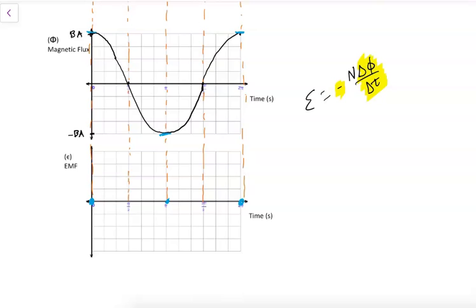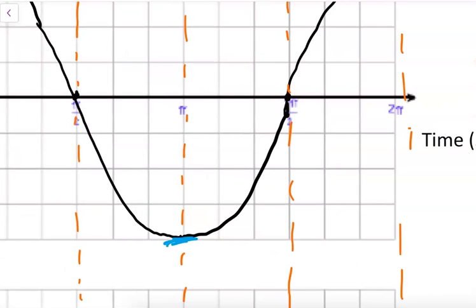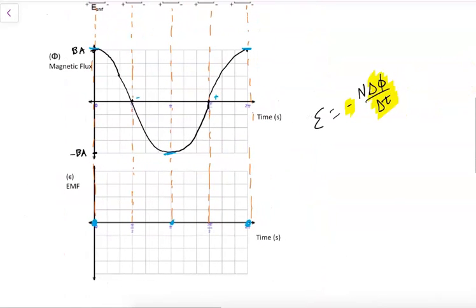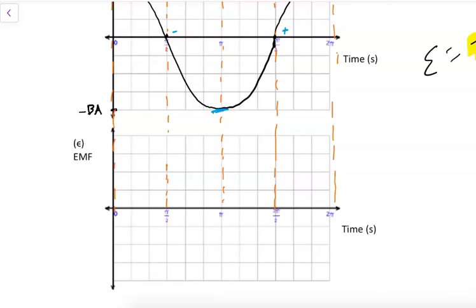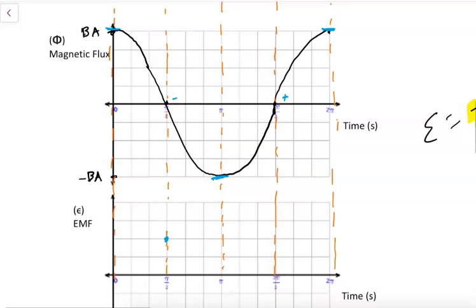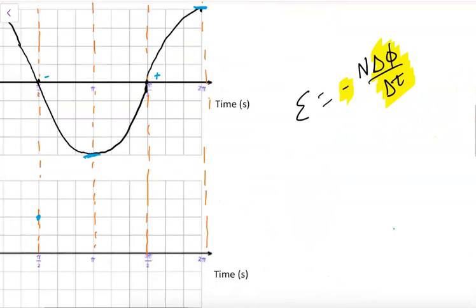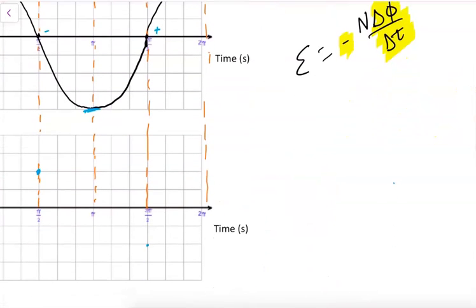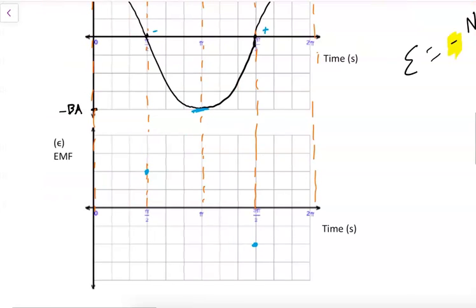Let's see, we have a negative slope right here, right? And we have a positive slope right here. But because of the negative in the equation, we're actually going to say this is positive, and I'm going to put a point right there. And then that has a positive slope, but due to the negative in Lenz's law, that's going to become a negative maximum. And there's a reason why I'm only going halfway up. We'll see that in a little bit.